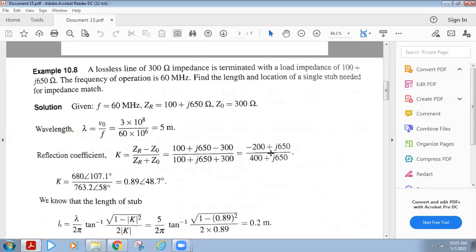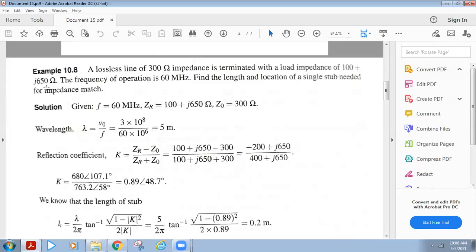First interpret the problem statement. Which type of transmission line is it? Lossless. That's why the R and G components are zero. Load impedance is how much? 100 plus j650 ohms, so ZL is 100 plus j650.